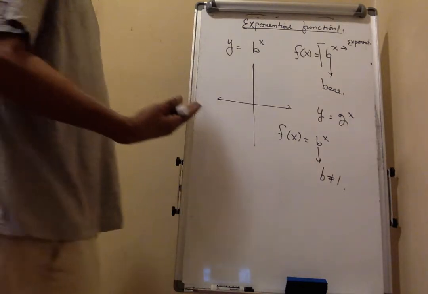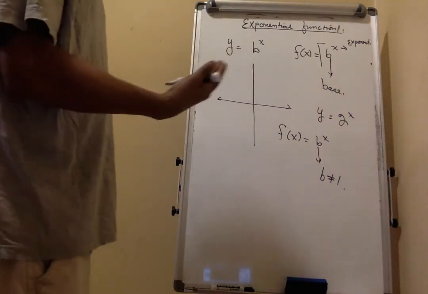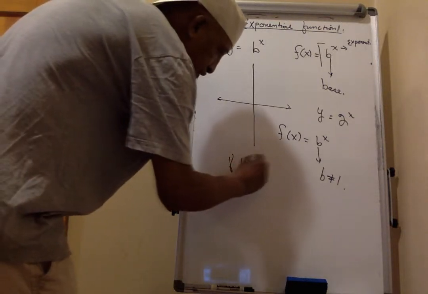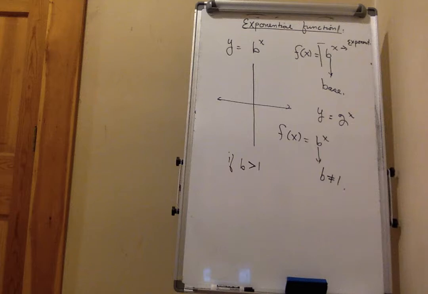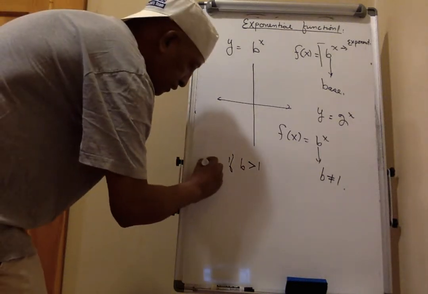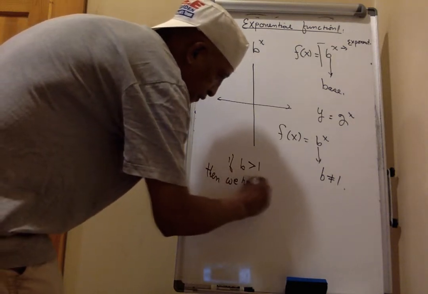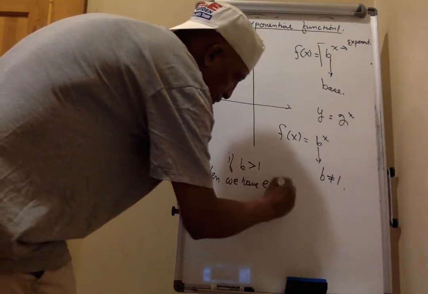Let's also define what b implies. If b is greater than 1, the base is greater than 1, then we have exponential growth.